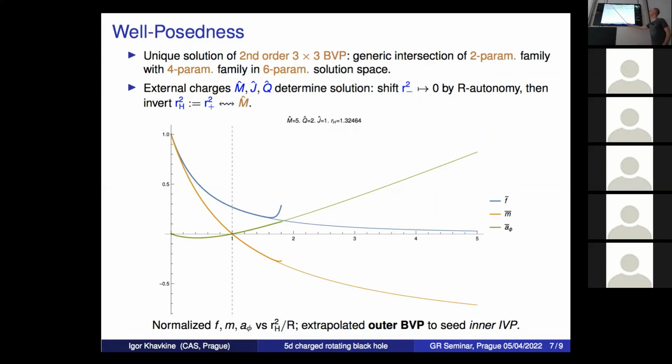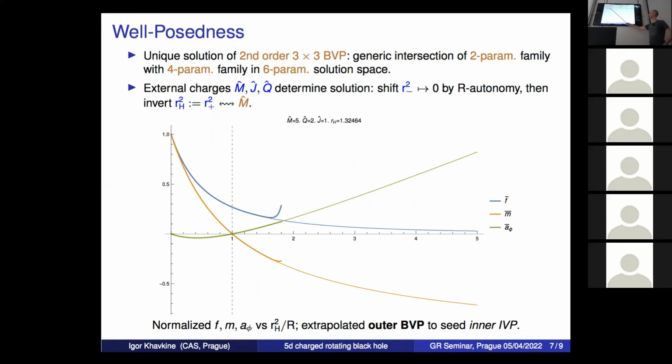Right, and so the last thing I just wanted to mention is how the solution is really determined by the external charges, which can be taken as mass, angular momentum, and charge. So the angular momentum and charge are already appearing as external parameters in the BVP system that we're solving.